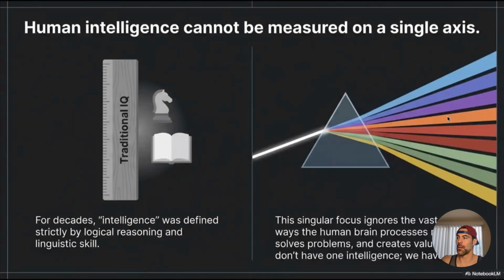Okay, so human intelligence cannot be measured on a single axis. What does that mean? Well, it just means that we have a different lens than what we traditionally think now in the modern day available to us. And not necessarily it's just availability.